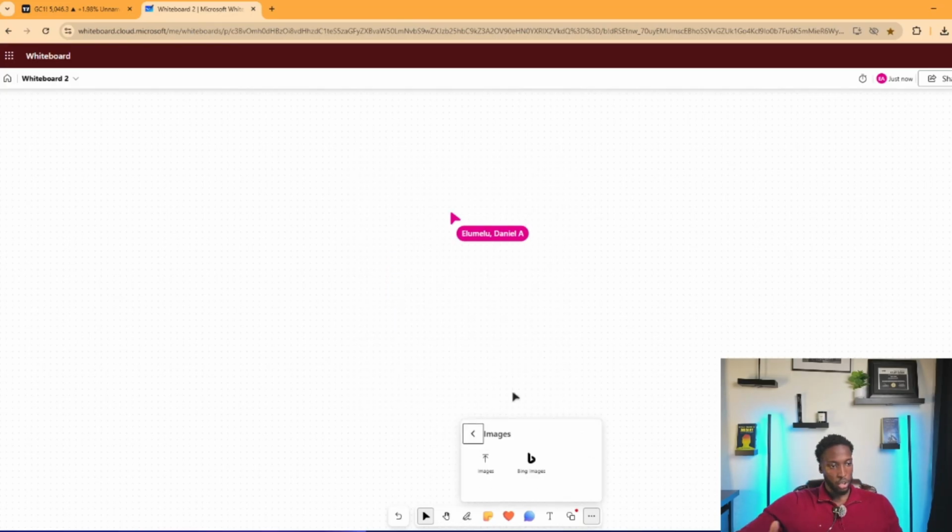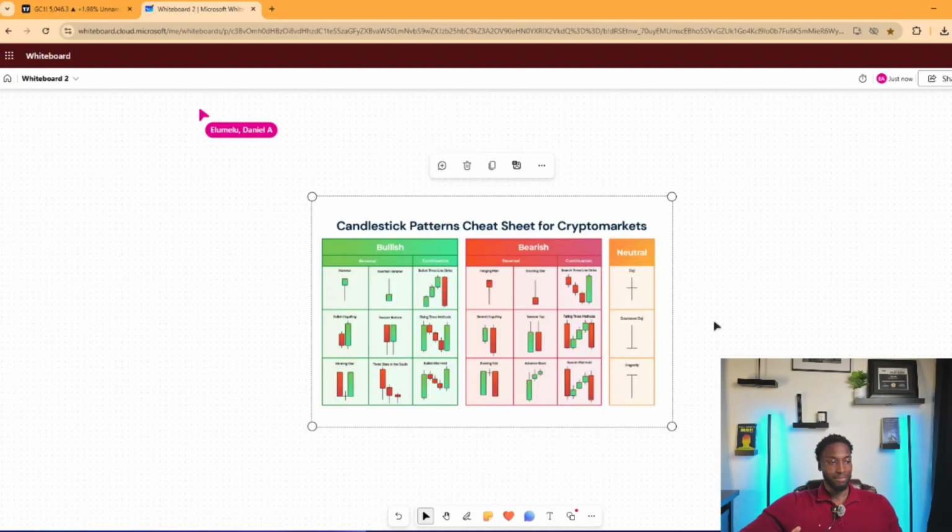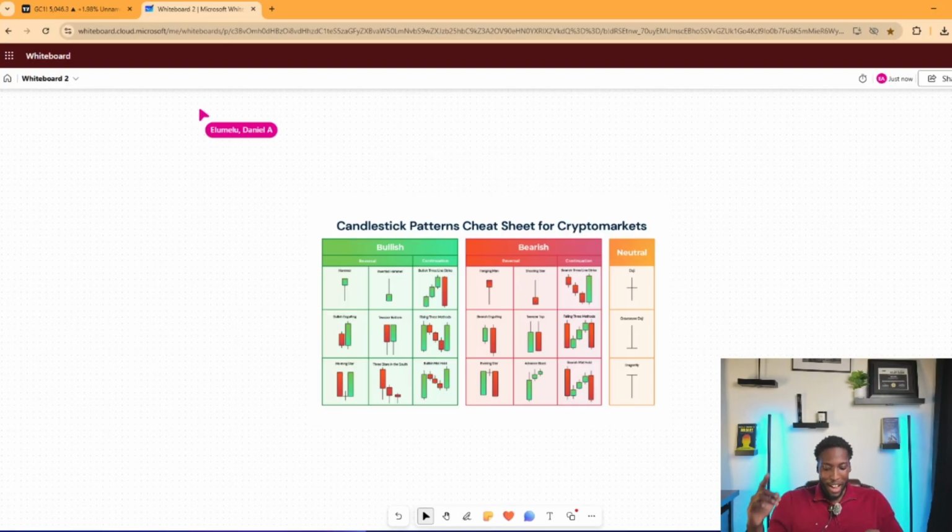Let me go ahead and show you all one more image. Boom! Now, ladies and gentlemen, this is a fun little topic that we need to get into. Price now starts to create patterns, right?